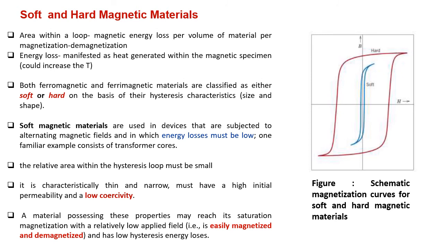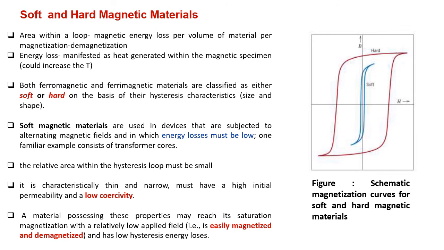Both ferromagnetic and ferrimagnetic materials are classified as either soft or hard on the basis of their hysteresis characteristics, size, and shape. Soft magnetic materials are used in devices that are subjected to alternating magnetic field and in which energy loss must be low. One familiar example consists of transformer cores.